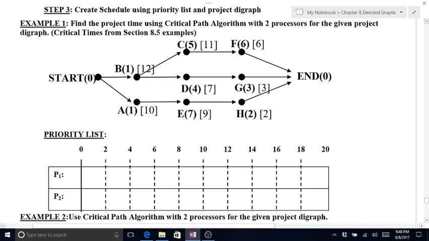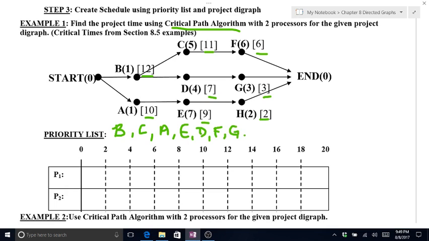Our biggest critical time is B. Remember, the critical path algorithm means we use critical times. So the list is B, C, A, E, D, F, G, and H.